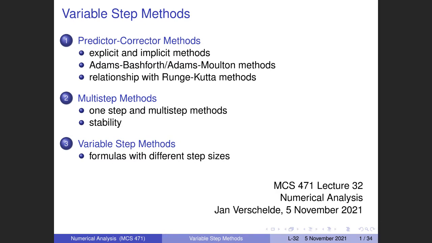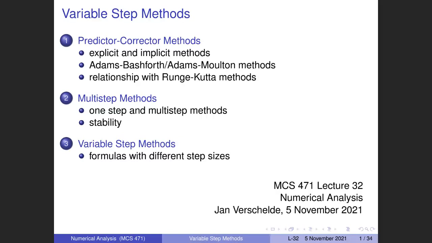In particular, we will start with predictor-corrector methods. We will make the distinction between an explicit and an implicit method. In a way, we have already seen this way of working with the modified Euler method.